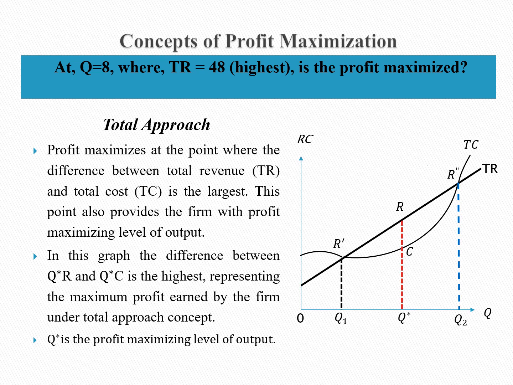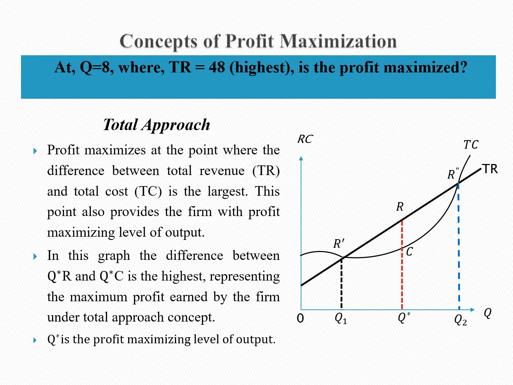Now here we can also see three revenue levels, that is R prime, R and R double prime. And if we look at the quantities Q1, Q star and Q2, we can say that at the level Q1, total revenue and total cost are equal to each other.